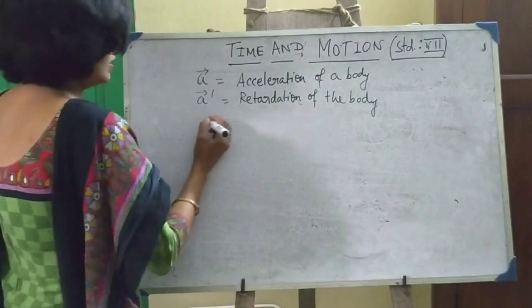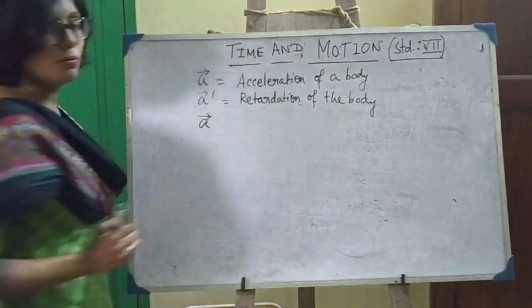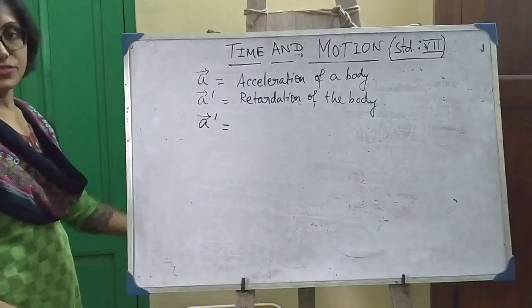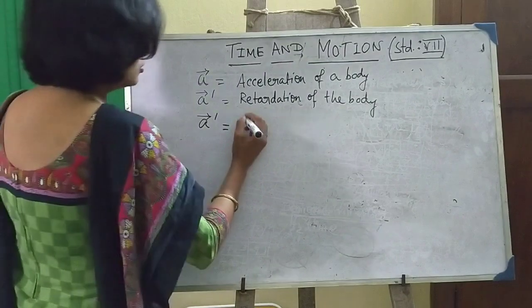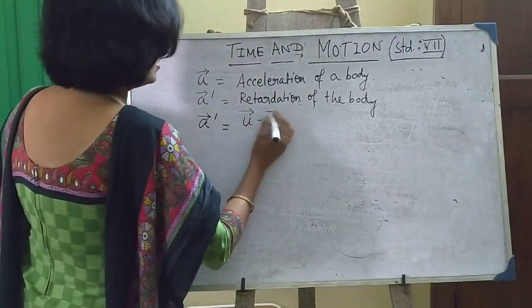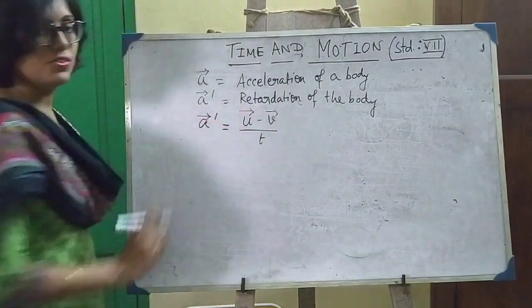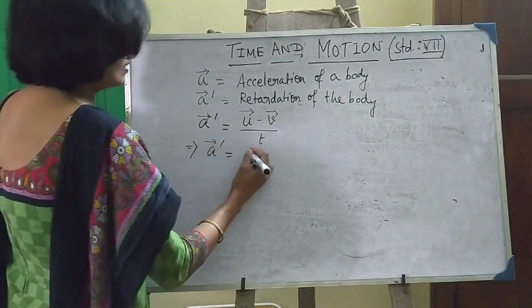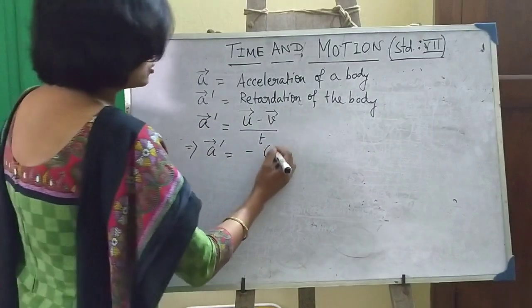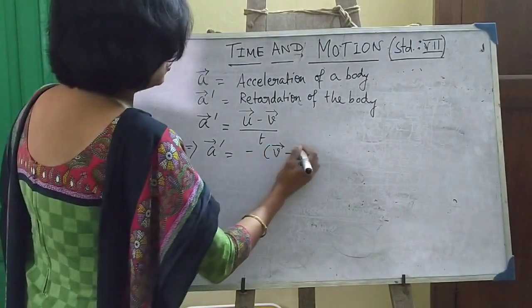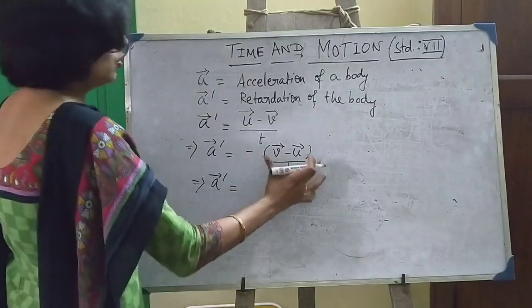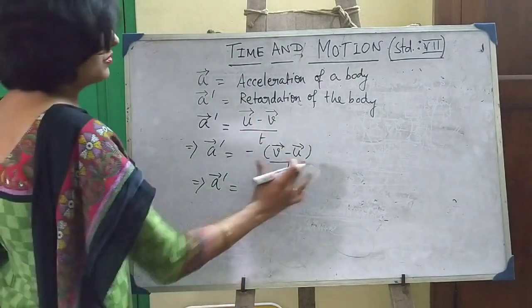So what is the mathematical form of retardation? A prime is equal to initial velocity minus final velocity divided by time t. So u minus v divided by t, the decrease in velocity. We can write it like this: a prime, taking the negative sign as common, is minus of v minus u divided by t. What is the name of the term v minus u by t?